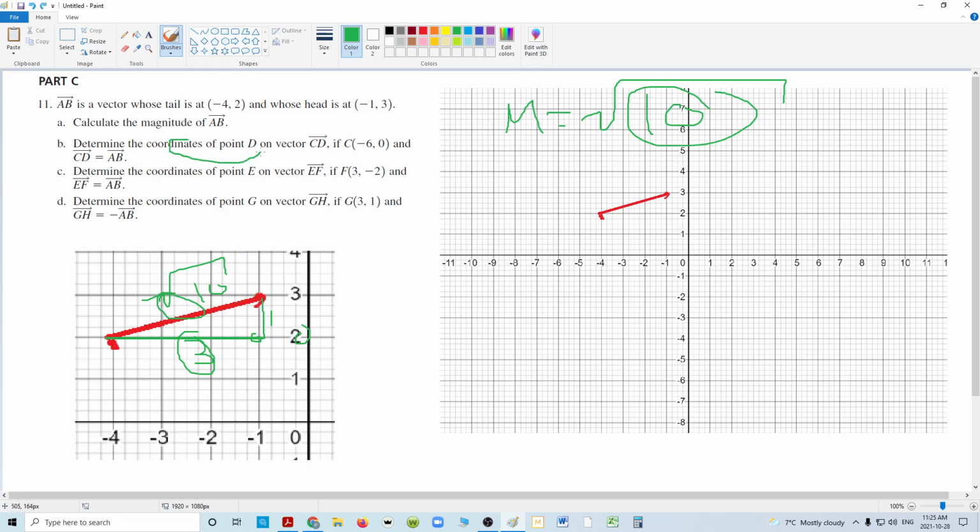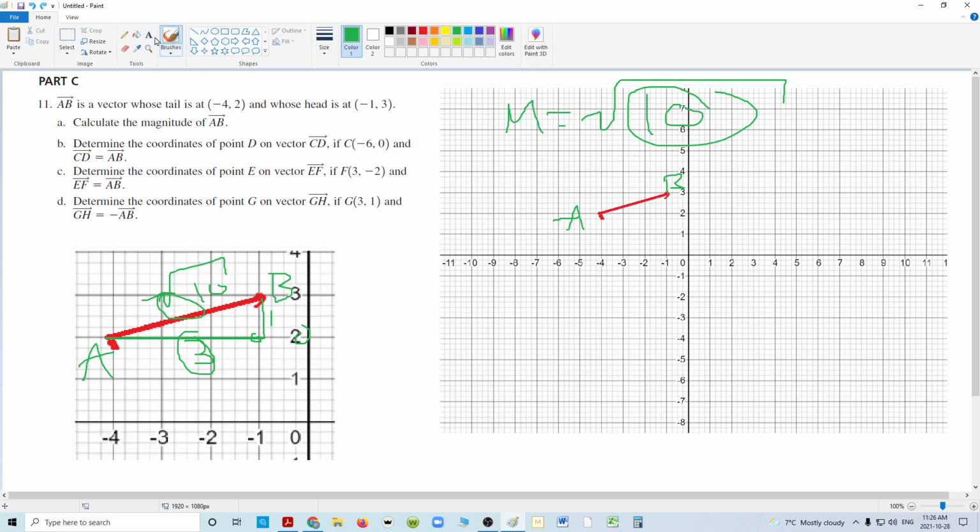Determine the coordinates of point D. So this is A. And this is B. That's the other important thing. A and B. Determine the coordinates of point D on a vector CD if C is at -6, 0 and CD is the same length, so square root of 10.